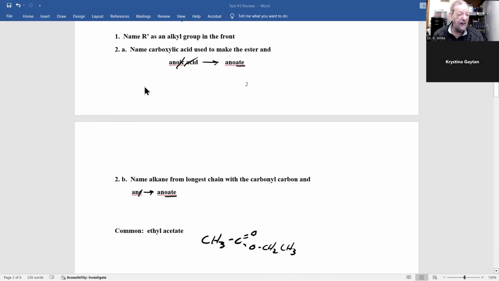And then instead of 2A, you do B2. Name the alkane from the longest chain with the carbonyl carbon in the R group, and drop the E and add OATE.